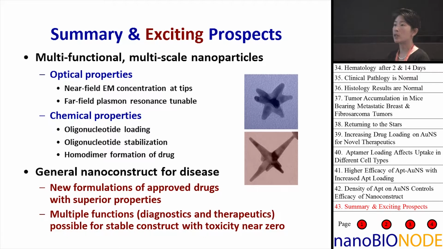We're not interested in developing new drugs, but in making the existing ones better and perhaps performing in slightly different ways, which I think I've shown you. And we're also interested in developing drugs with multiple functions that are still simple enough, not Christmas tree based, that can give you some diagnostic information as well as therapeutics.